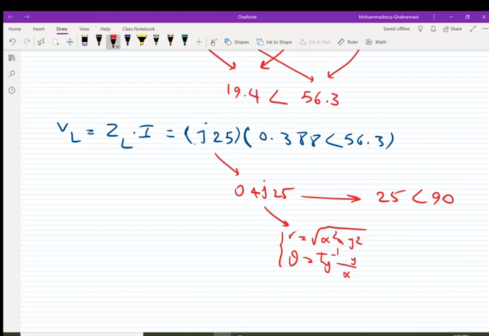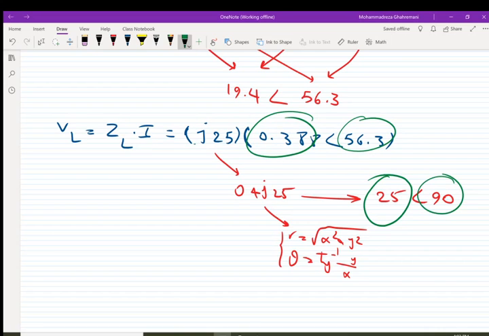So this is one more thing that we should know. And now we need to multiply these two magnitudes, and add these two angles.